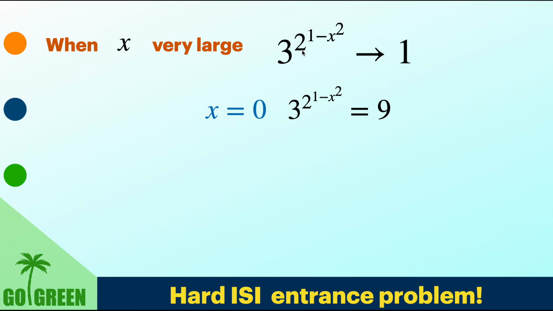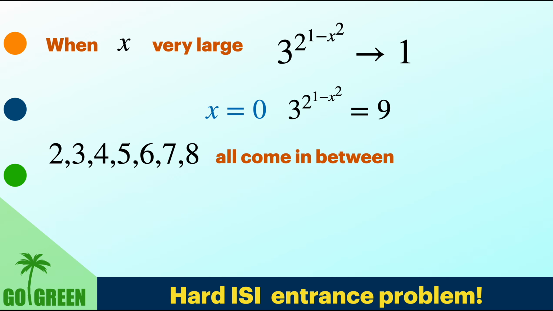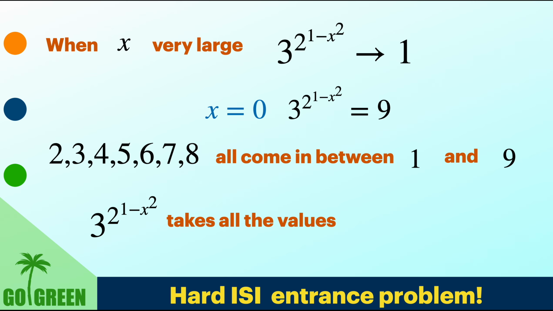Fine. And we have seen that at x equal to 0, this expression takes the value 9. And this expression is actually a continuous function of x. There is no problem, for all x it is defined. Therefore this is a continuous function which takes values very close to 1 and takes the value 9. Therefore all the values in between are also taken by this expression, just because of the IVT.